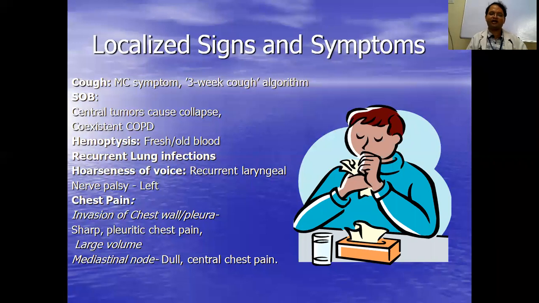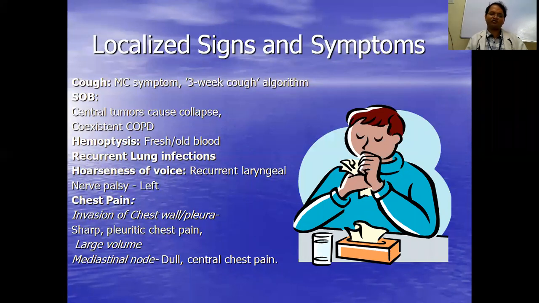So in many countries, a 3-week cough algorithm is being followed. In that, when a person is having cough in spite of taking medicines to curtail the cough for a minimum period of 3 weeks, then the patient has to be evaluated carefully by getting a minimum of a chest X-ray.